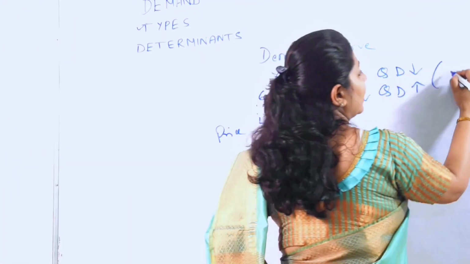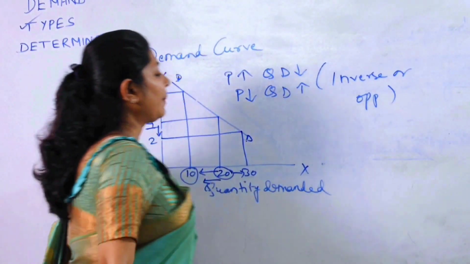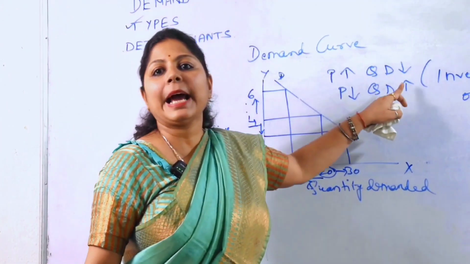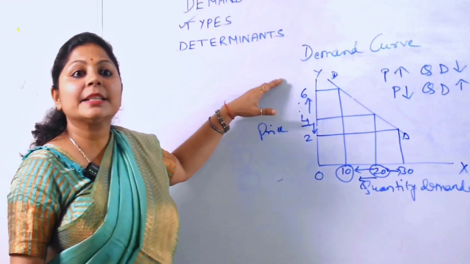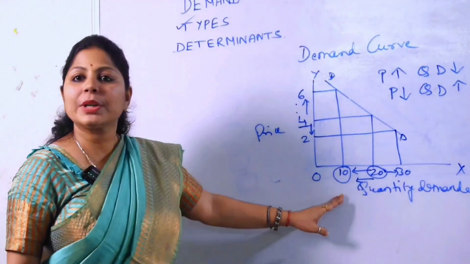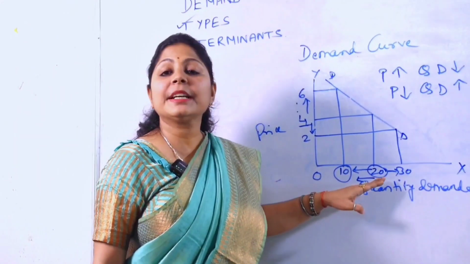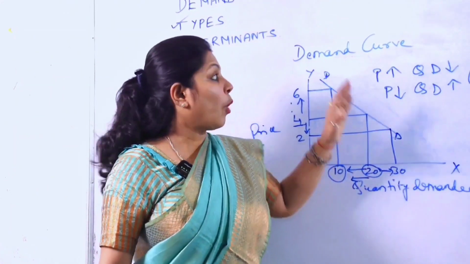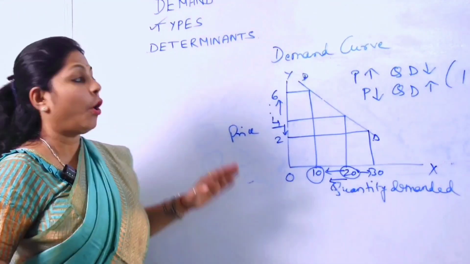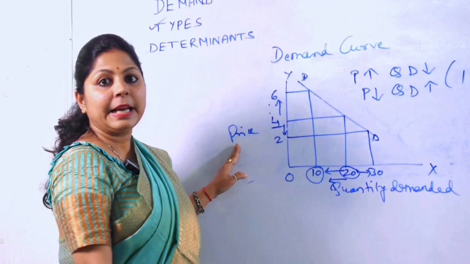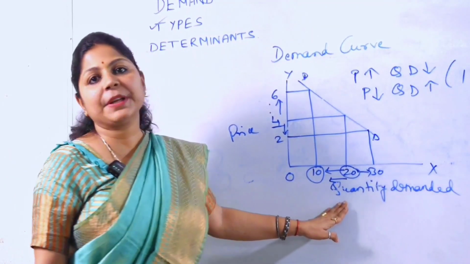This is an inverse or opposite relationship between the price of the commodity and its quantity demanded. When the price has increased from 4 to 6, the quantity has reduced from 20 to 10. When the price has reduced from 4 to 2, the quantity has increased from 20 to 30. So what is the demand curve? Demand curve is a graphical representation of the price of the commodity and the quantity demanded by the consumer at a given period of time.